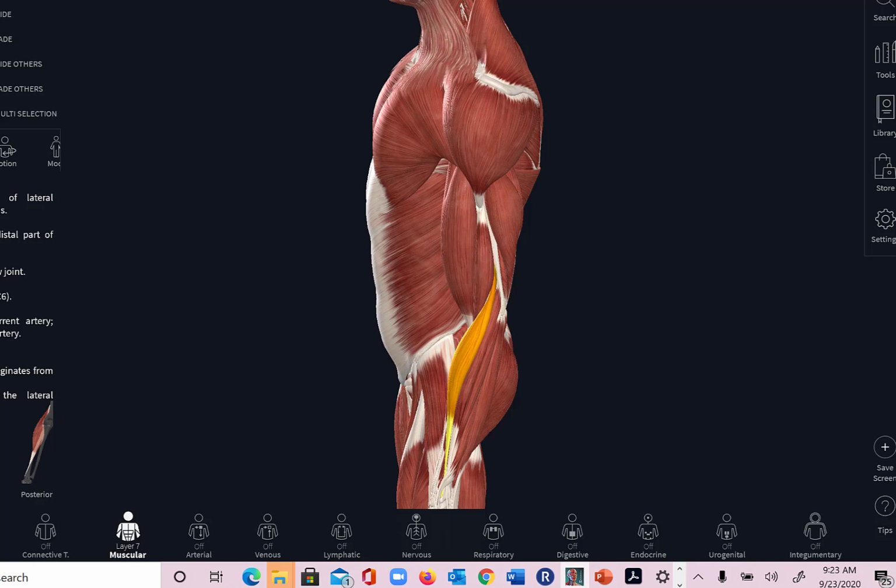So shown here on the posterior side, we can see the triceps. The triceps have three origins. And according to your hit list, we want you to know that the origins are the posterior humerus and also the infraglenoid tubercle.